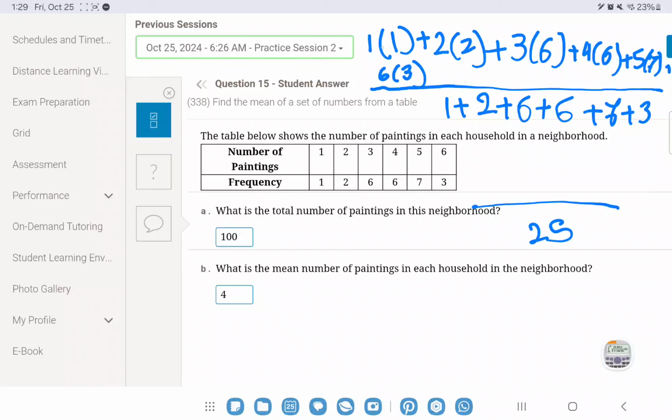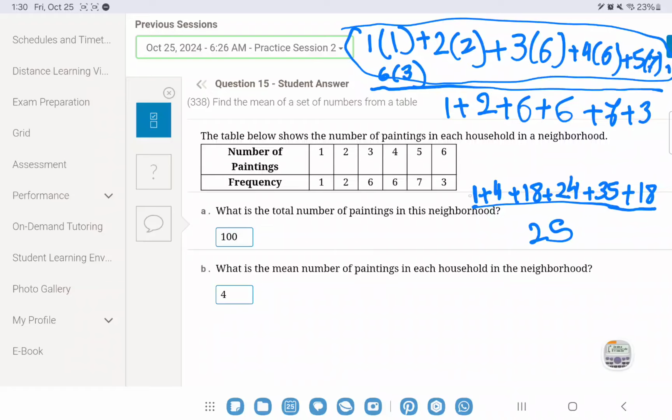And now 1 plus 4 plus 18 plus 24 plus 35 plus 18. Oh, by the way, when they ask you what's the total number of paintings, it means what's this value over here, which means this top thing.